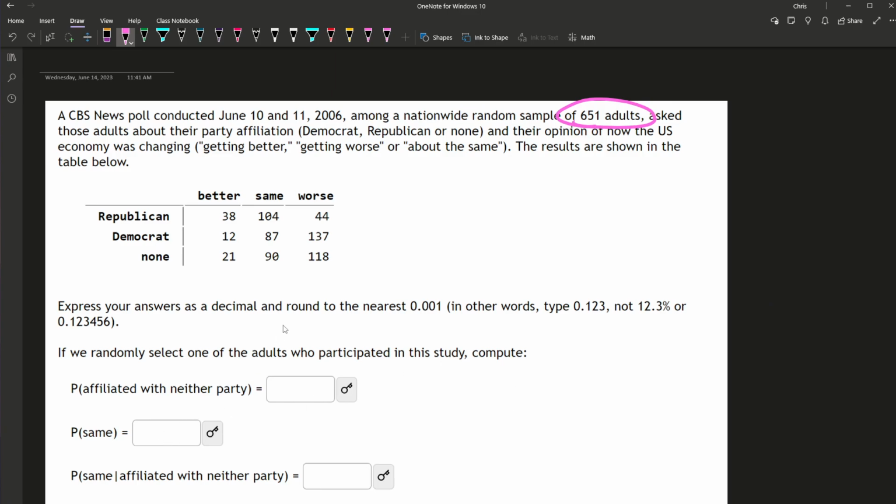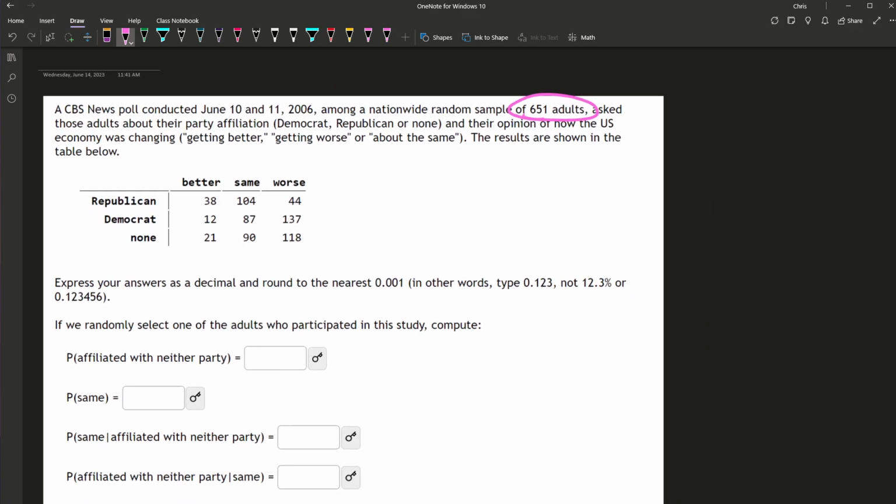The probability that someone thinks that the economy is the same, same idea here. You add up everything in the same column this time, though, and you divide by the number of adults. What I really wanted to look at is the next two parts here.